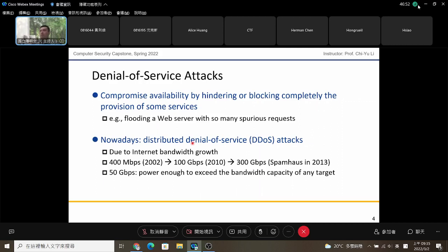The denial of service does not mean that we need to shut down the web server. If we can make this web server respond more slowly, then it can also be considered a successful attack.